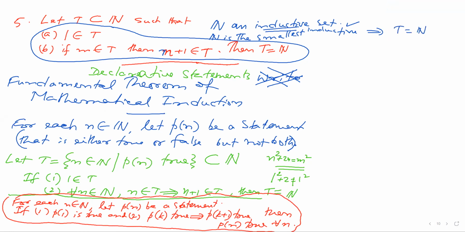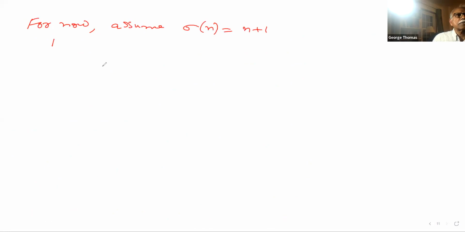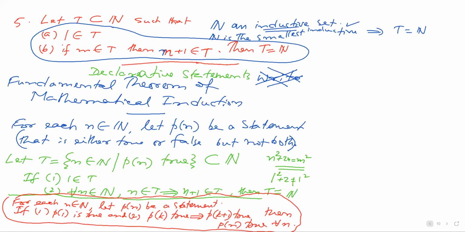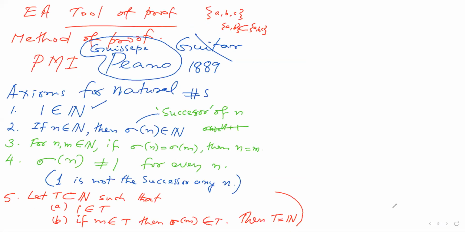So, let's see, write it again. Sir, can you go back to the previous slide for a minute? The one before. Yeah, this one. Just a minute. No. Where you wrote the fundamental principle axiom. No, sir, where you wrote if one.